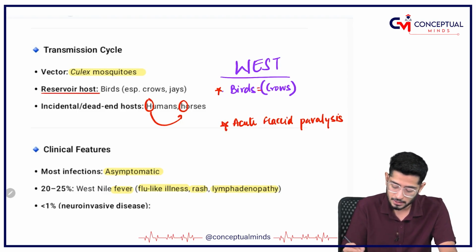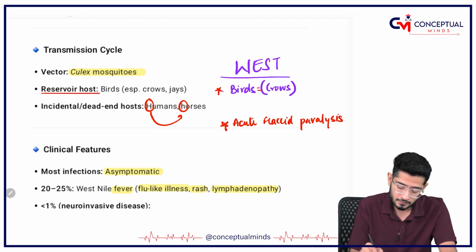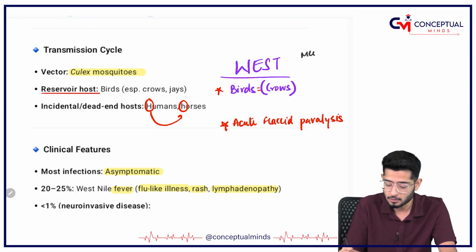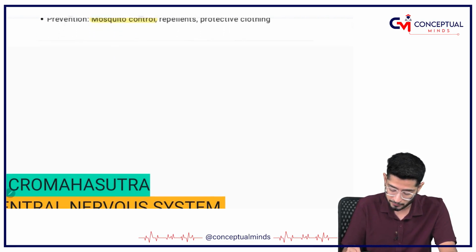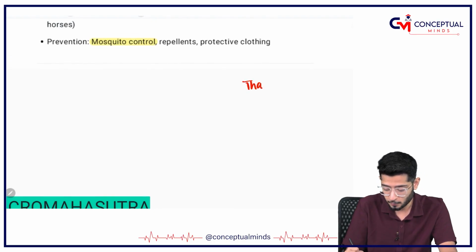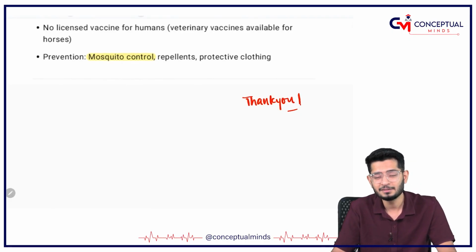Just want to tell you that it can cause acute flaccid paralysis also. So for West Nile fever, these are the two important MCQ points which you have to remember always, right. So this is the end of the discussion for West Nile fever, and I hope that things are making clear sense to you and you are able to keep all these concepts in mind. Thank you so much.